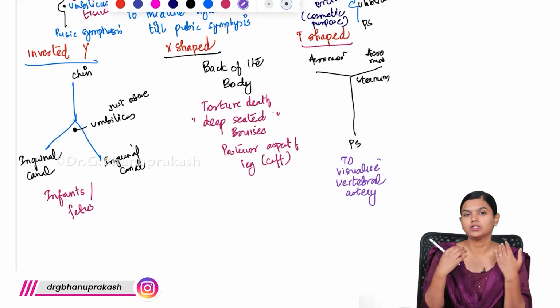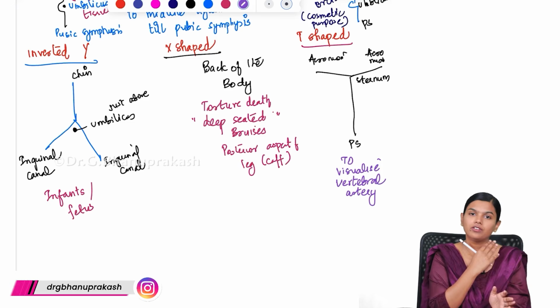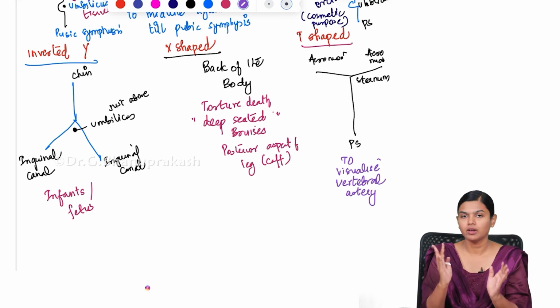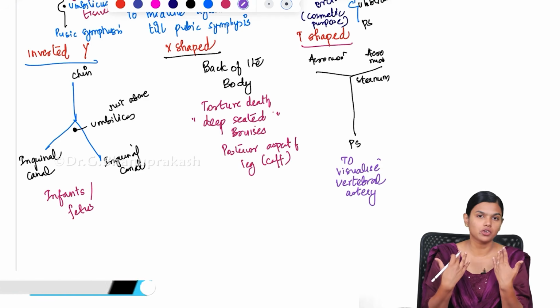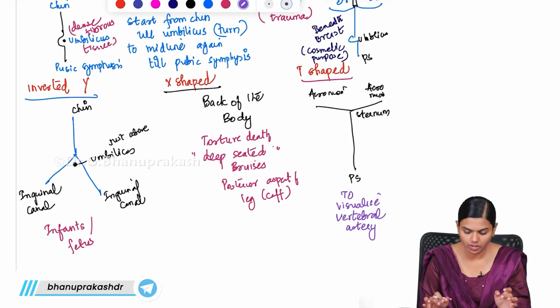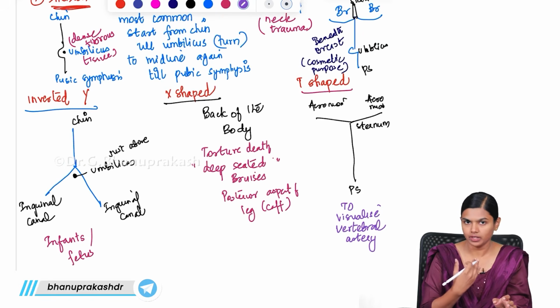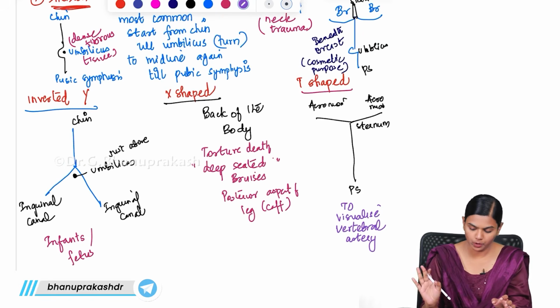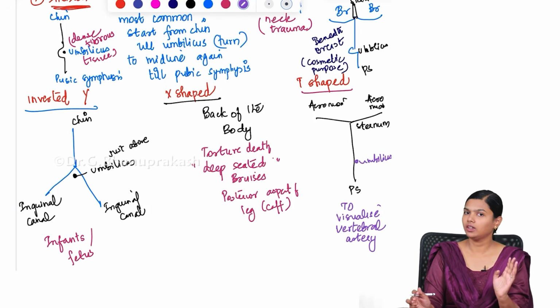You have to just preserve all the areas, the whole base of the neck, the lateral aspect of the neck, everything should be preserved. That is why we prefer this wider incision which starts from the acromion process on either side. So this T-shaped incision starts from the acromion, converges over the sternum, then again goes in the midline till the pubic symphysis, going around the umbilicus. Every incision will avoid the umbilicus.